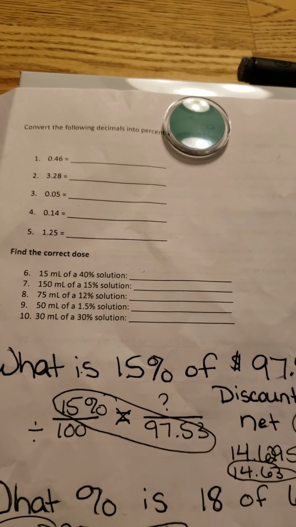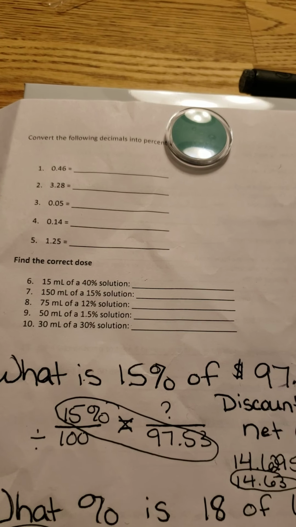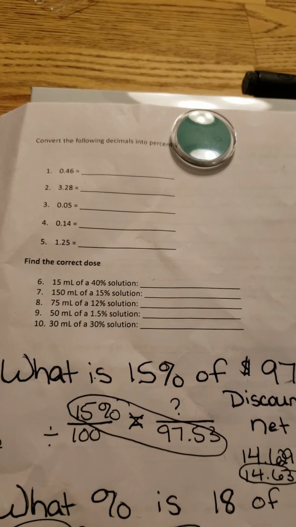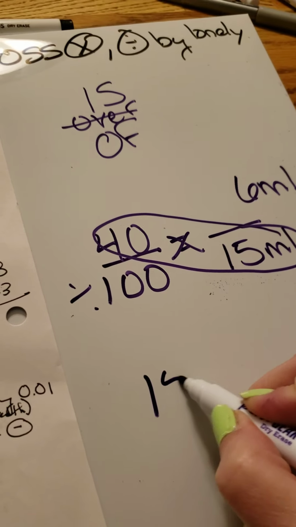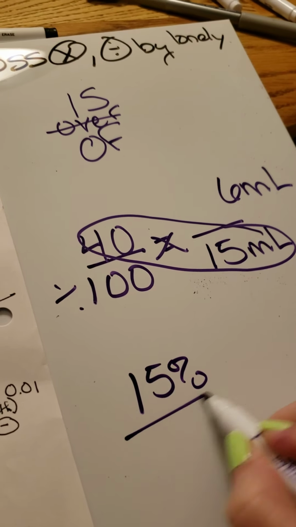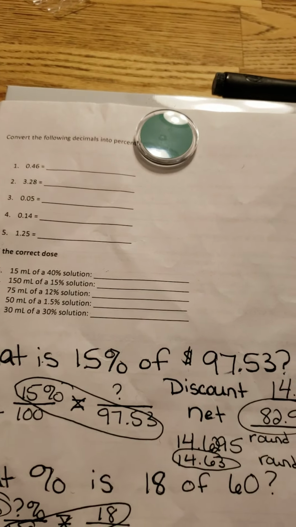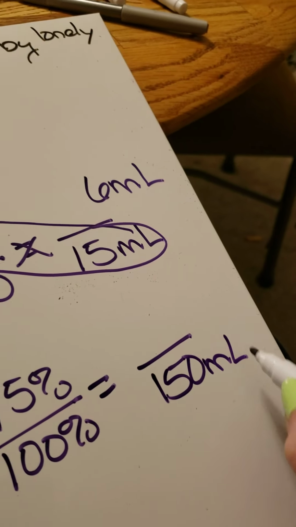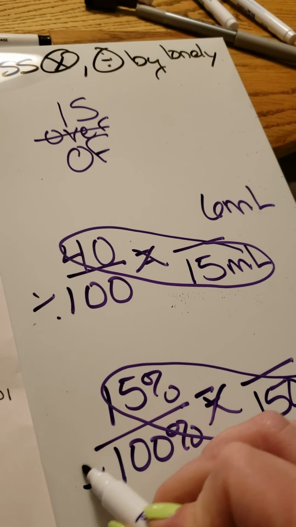So if we look at number 7, it says you have 150 milliliters of a 15% solution. So 15% automatically goes over 100%. And if I have 150 milliliters, automatically going on the bottom. That's my of. Cross multiply and divide.